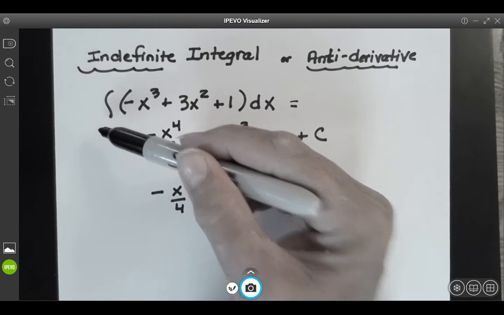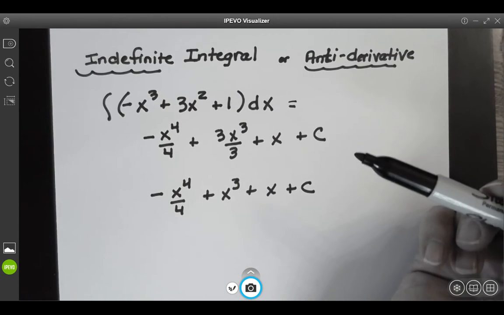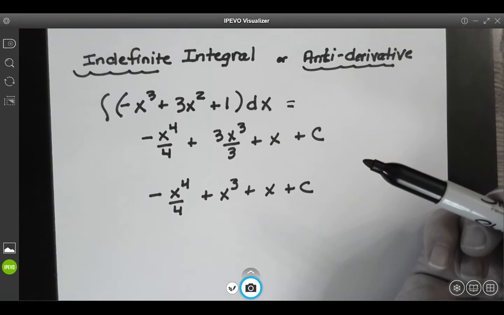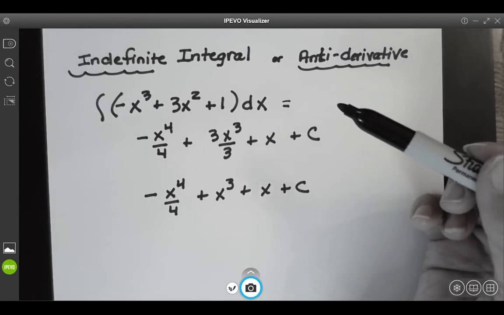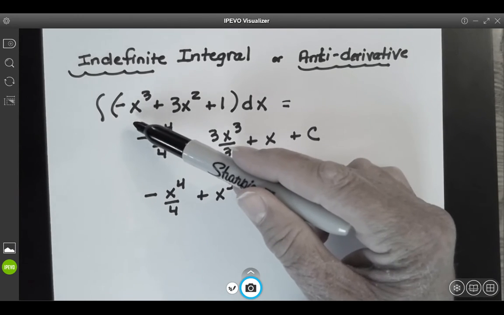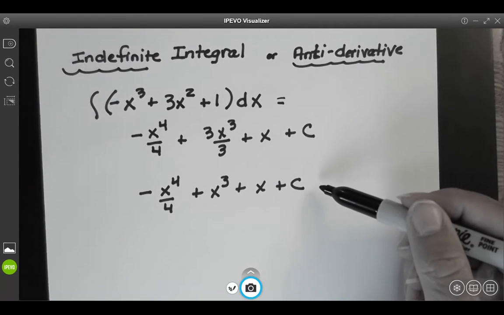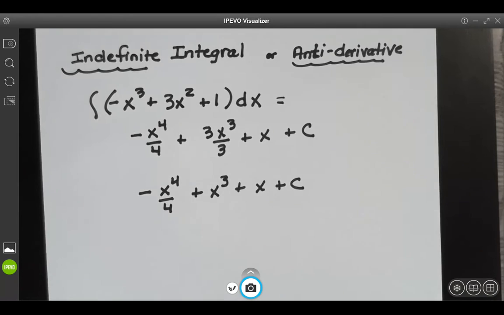Here you're finding the antiderivative, and we remember how to do that. We do our reverse power rule: add 1, divide by that new exponent, and then add our plus c. We're going to have to remember how to do that for these definite integrals.